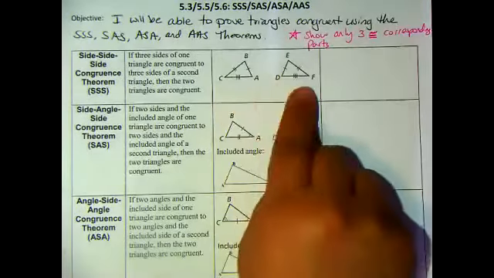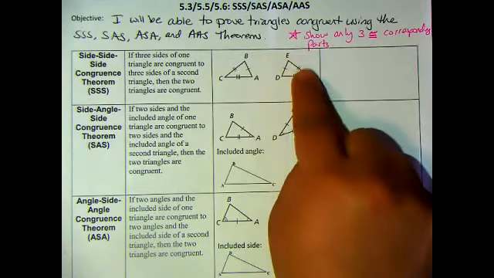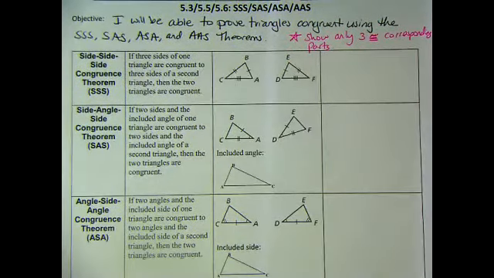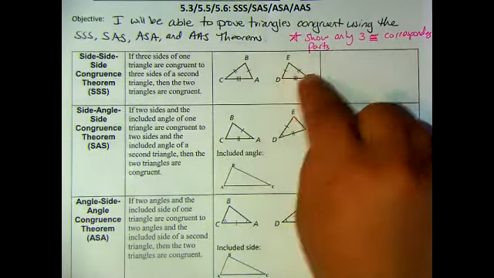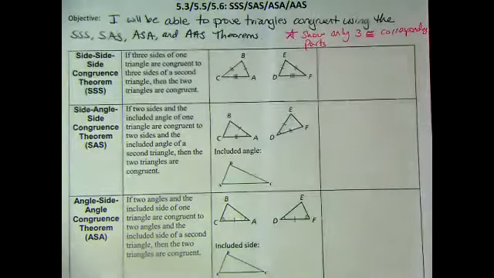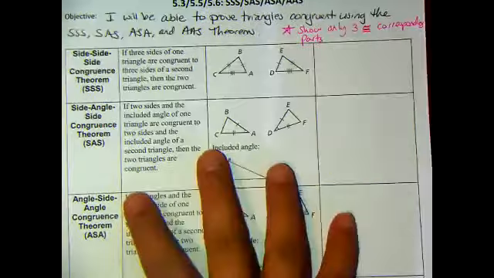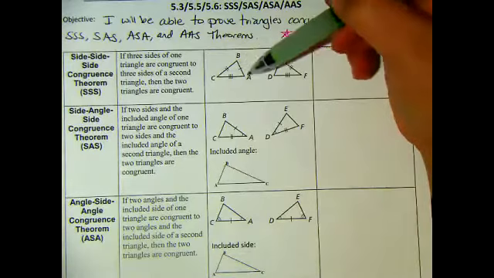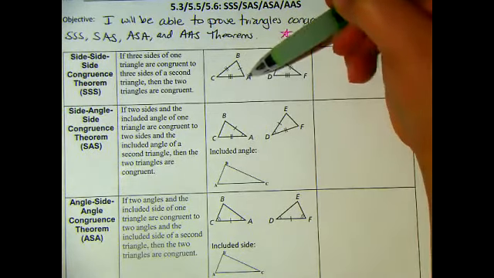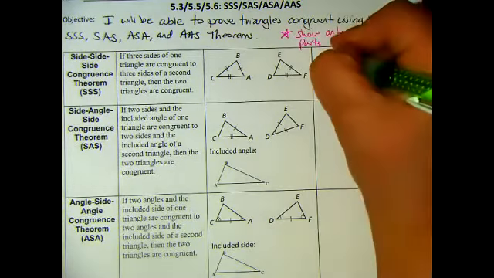So in this image here, we have triangle ABC and we have triangle DEF, okay? Now, I clearly have markings here on these triangles. So I can list my congruent corresponding sides, okay? I can see based on the tick marks here that side AB is congruent to side DE.